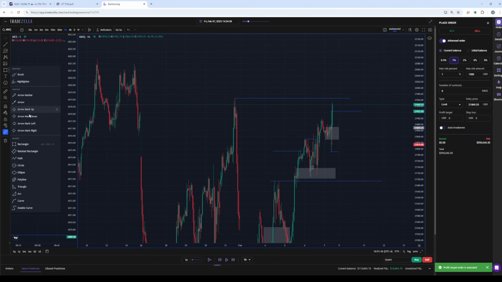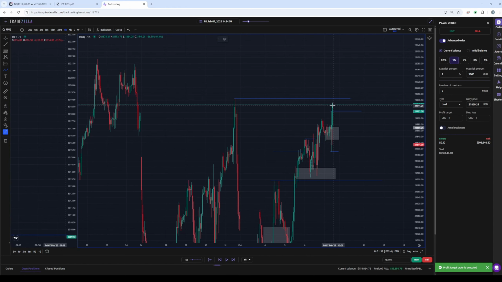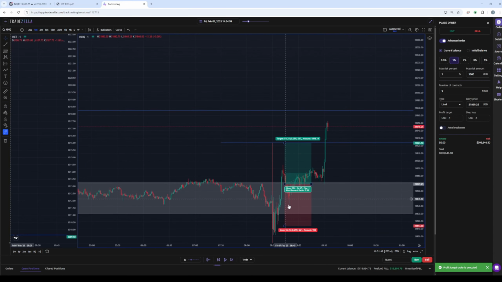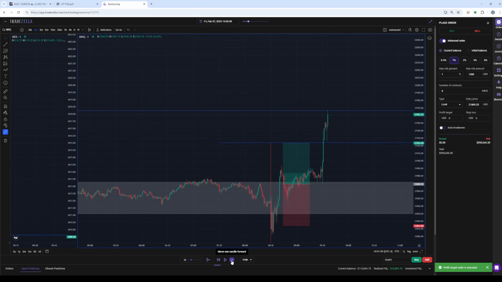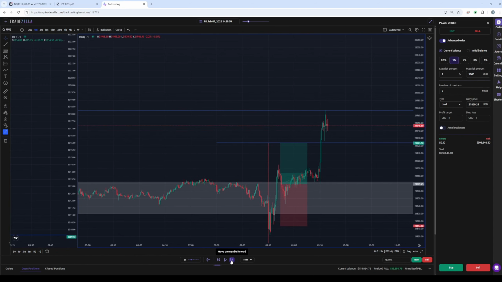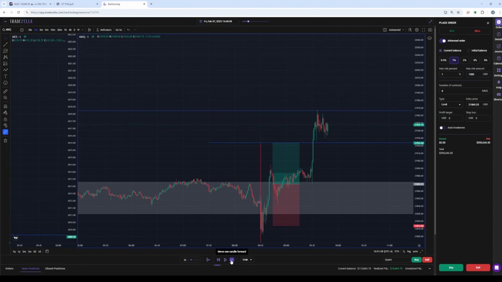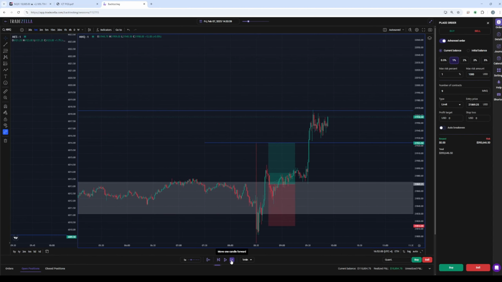I would look for something like this, because we seem pretty overbought. So down into there, something like that. I would wait for price to get through, and let's see if we get an entry model to go sells.